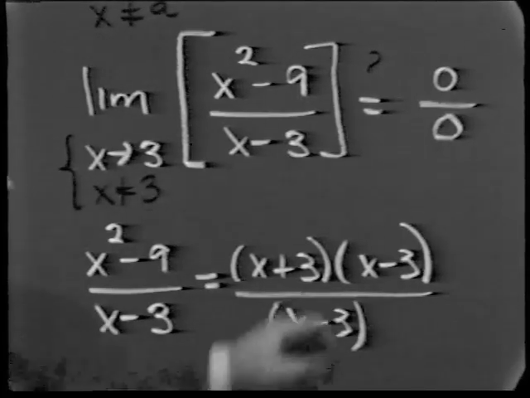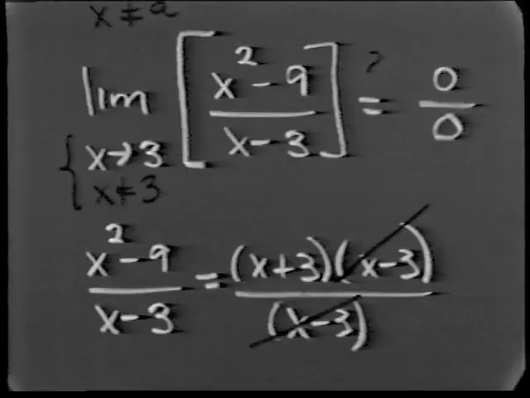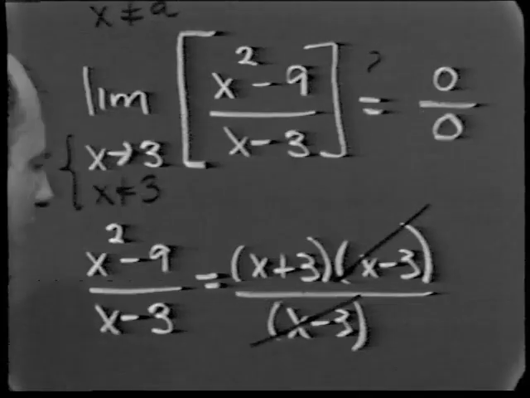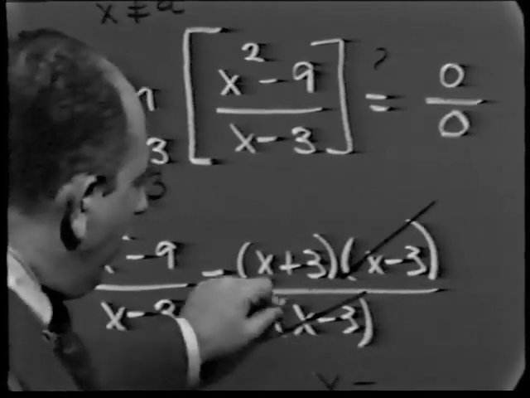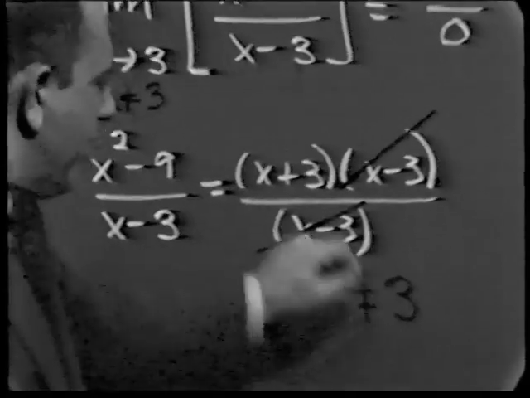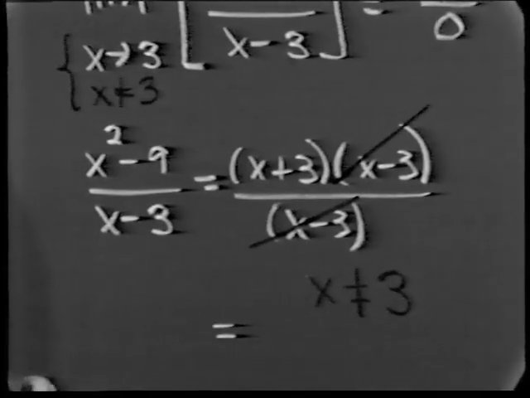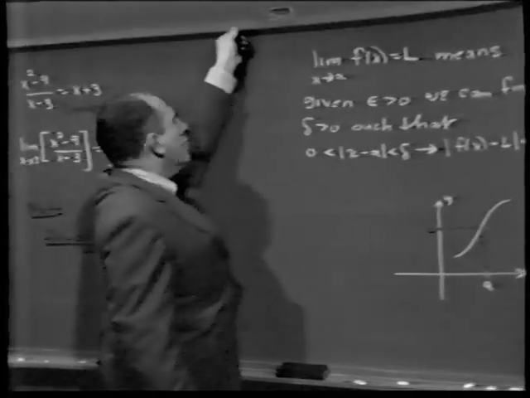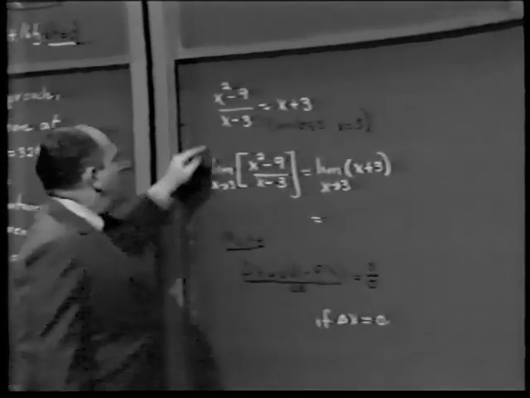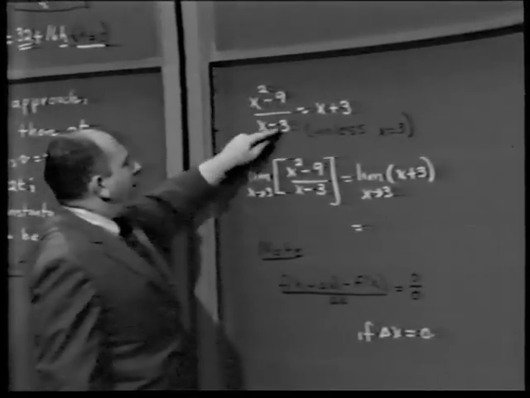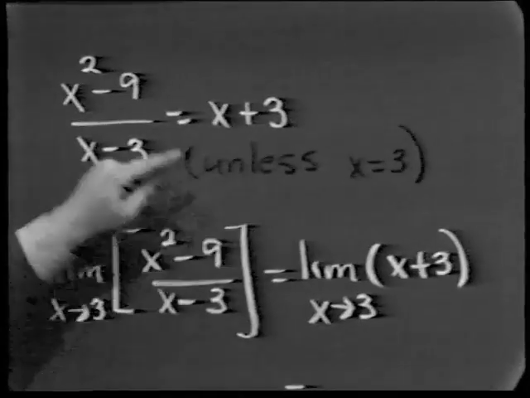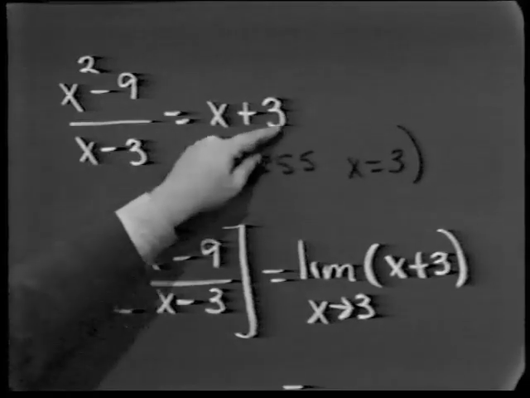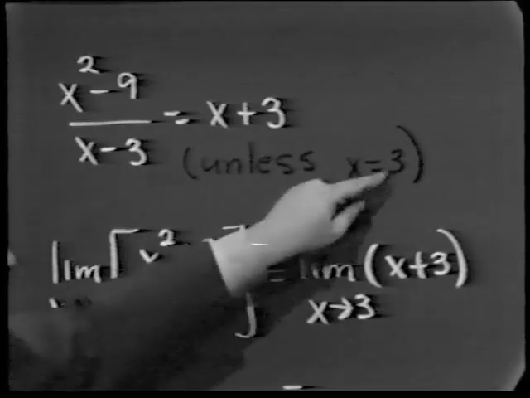And here's where the main problem seems to come up. One automatically, somehow or other, gets into the habit of canceling these things out. But the point is, since we have already agreed that you cannot divide by 0, the idea then becomes that the only time this is permissible is when x is unequal to 3. In fact, to have been more precise, what we should have said was not that x squared minus 9 over x minus 3 equals x plus 3, but rather x squared minus 9 over x minus 3 equals x plus 3 unless x equals 3.